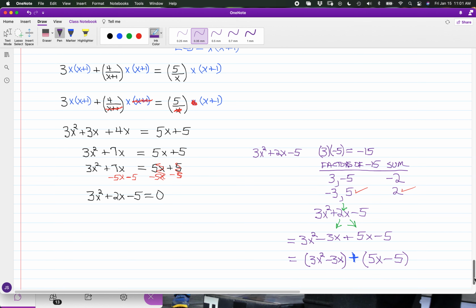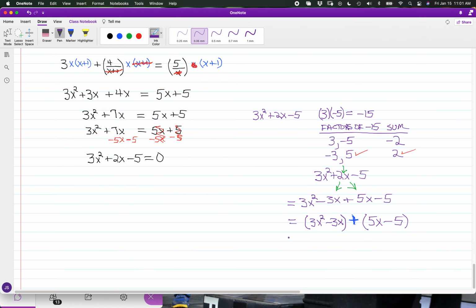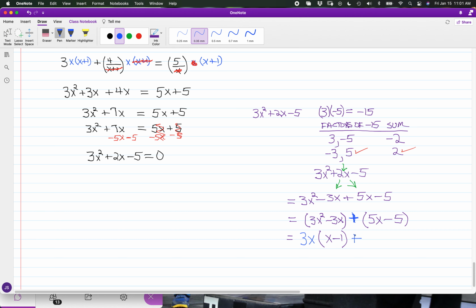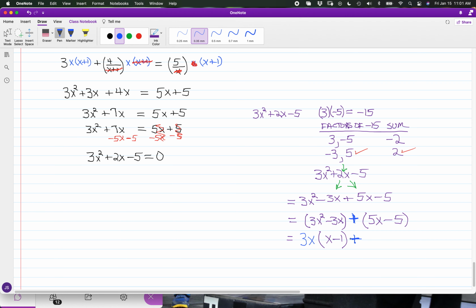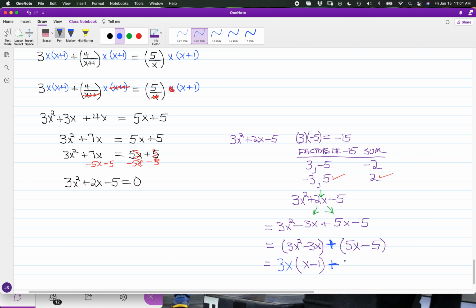And drawing out the greatest common factors from the pairings. Okay, so with 3x squared minus 3x, the greatest common factor is going to be 3x. And into 3x squared minus 3x, so this will be the quantity of x minus 1. And we have plus, and for 5x minus 5, okay, greatest common factor is going to be 5.